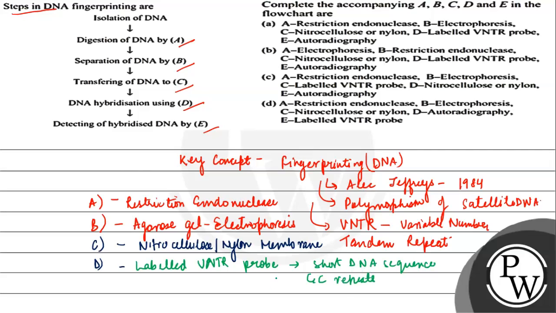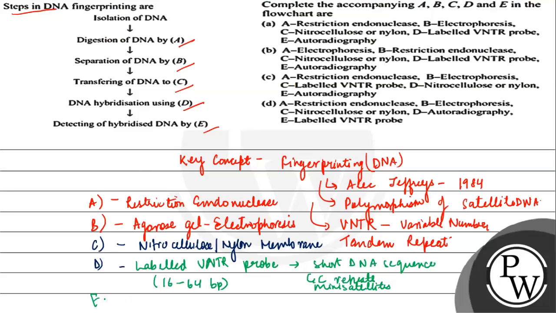They come under minisatellites that possess more than 5 base pairs. And when we talk about VNTR, it consists of 16 to 64 base pairs.